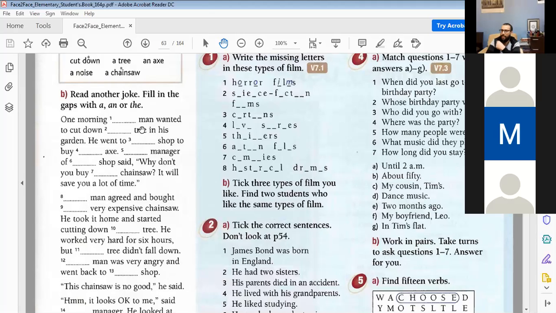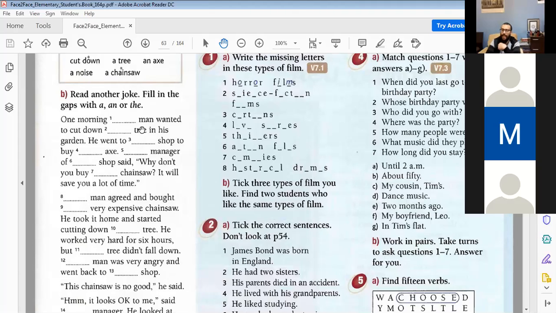Okay, what does the question want, Sabil? When? Okay, so when? What does it mean when we say when? When is for time, right?